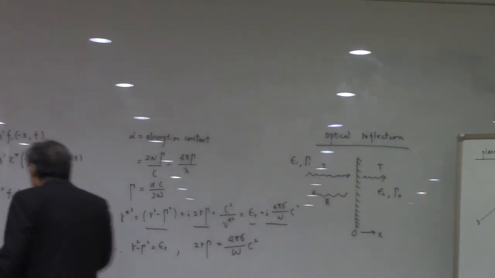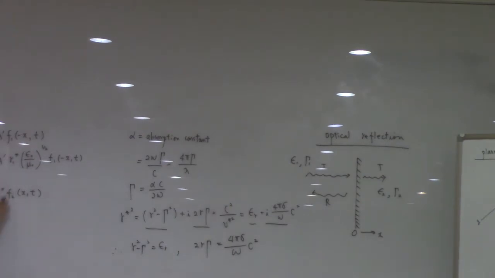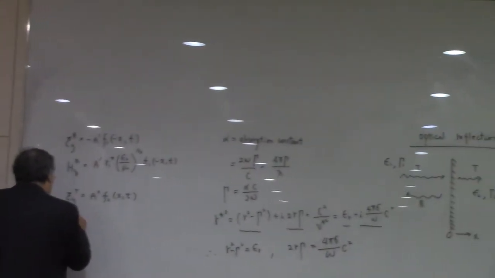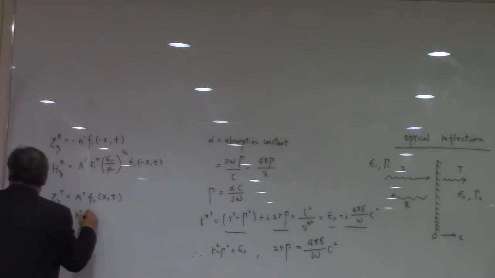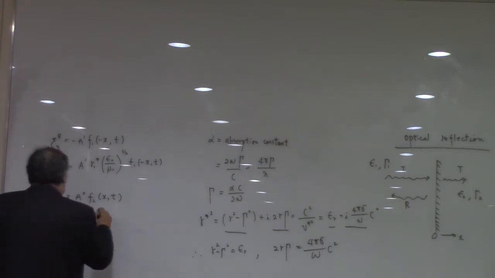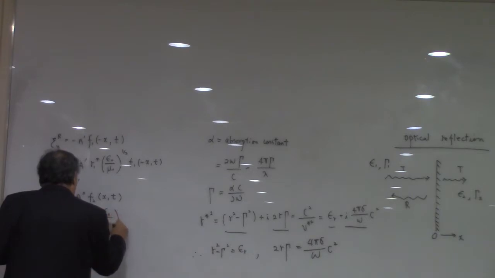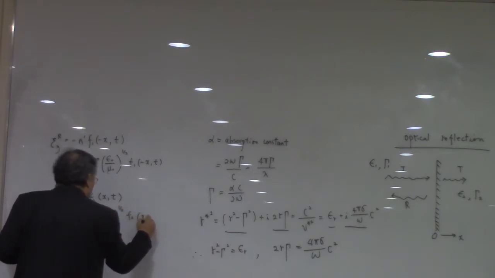Then we are going to have a different amplitude for the transmitted beam. And the H of the transmitted beam now, at the same token, can be written as F2 of x and t.